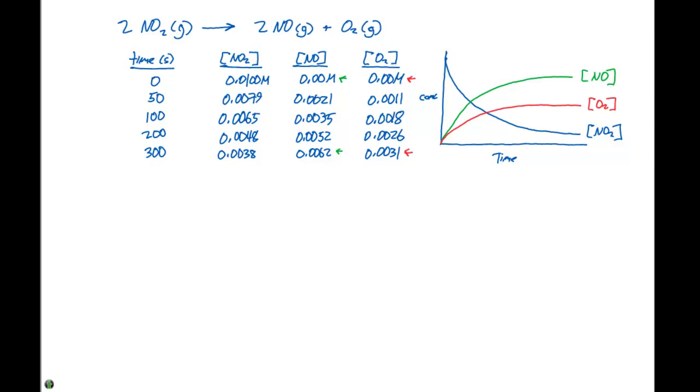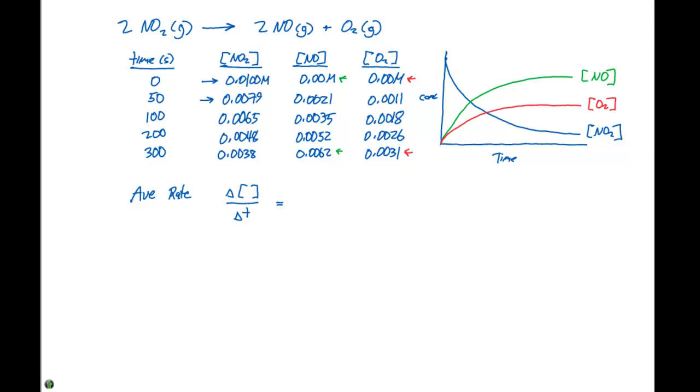When we look at these together, we can look at what the average rate is. The average rate is going to be the change in concentration per change in time. If we look at the NO2, we're going to start with 0.010 molar and go to 0.0079 molar. So these two data points right here.